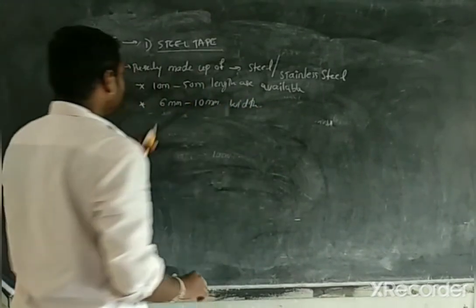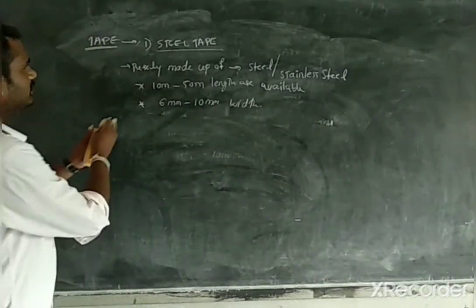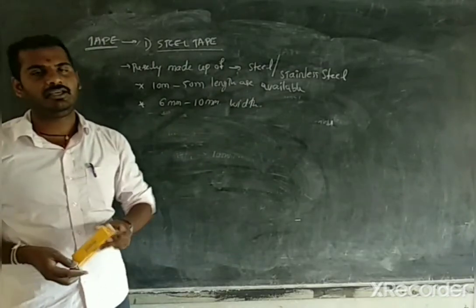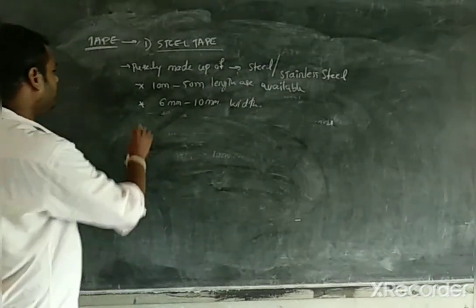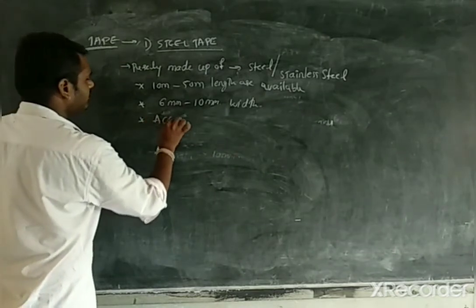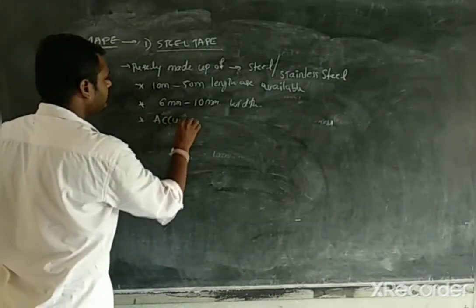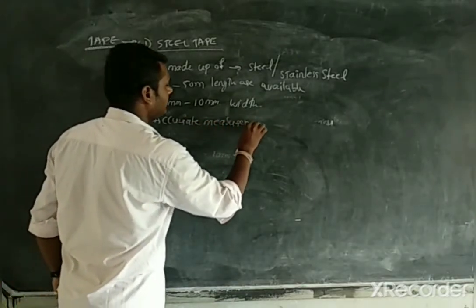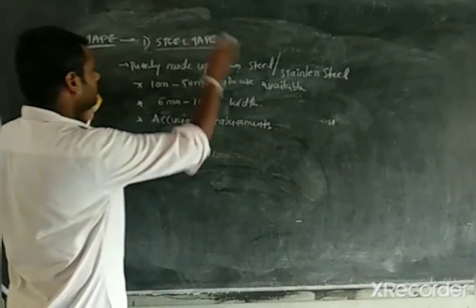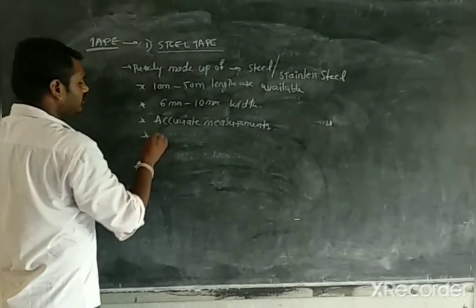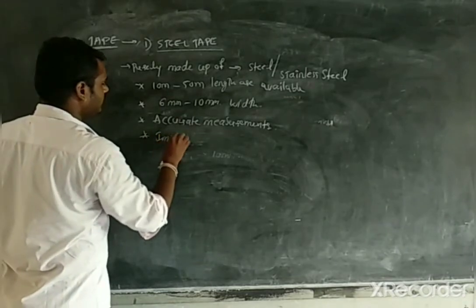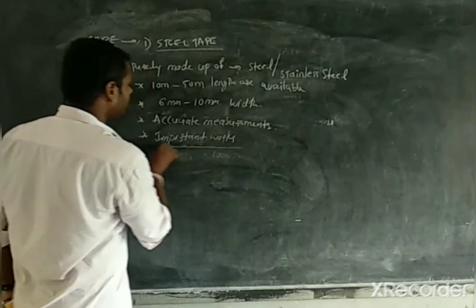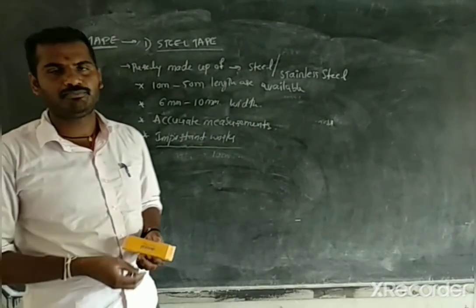So this is the specification of steel tape, and the advantage of steel tape is that it will give us accurate measurements. Therefore, this particular type of tape is used for important works where more accuracy is required.